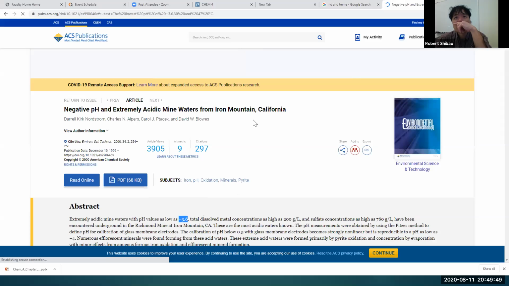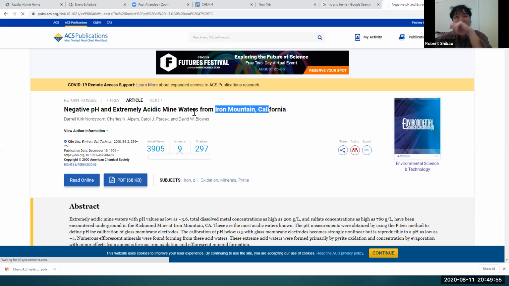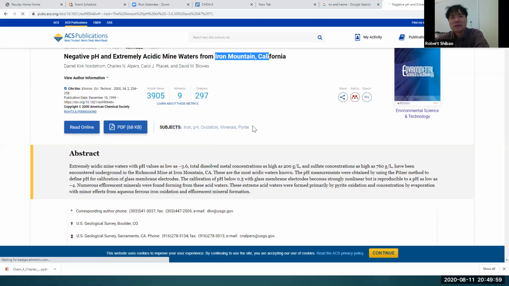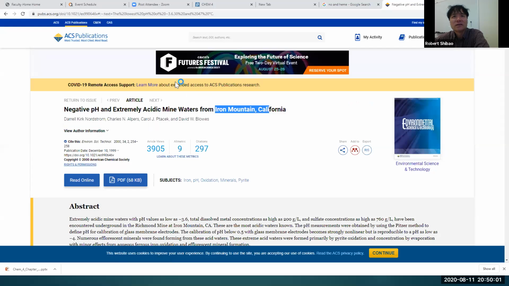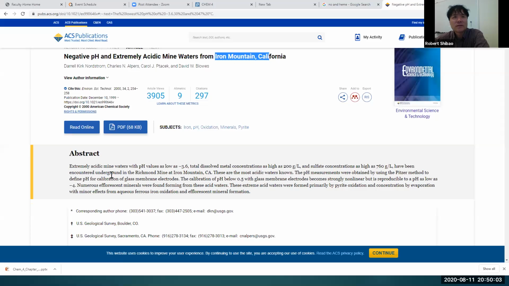This is in Iron Mountain, California. That's actually acidic mine waters, so maybe they're using a lot of acid to extract stuff. But they're calling this extremely acidic mine waters with pH values as low as -3.6.